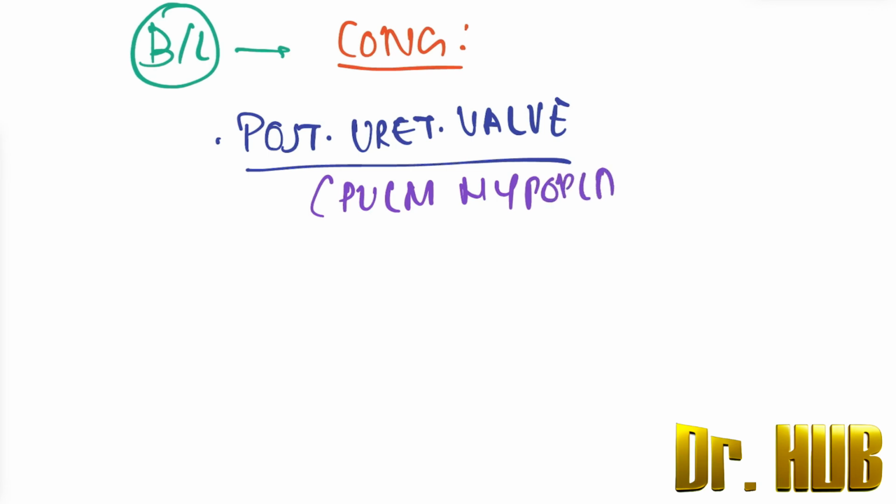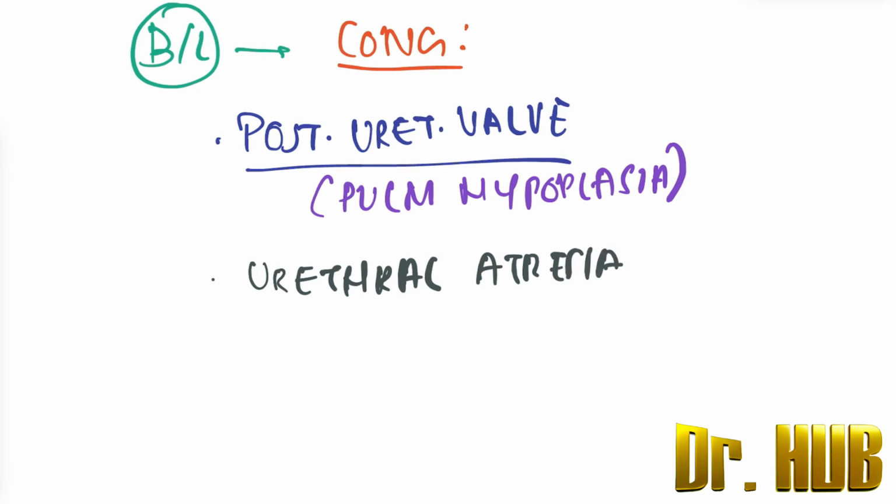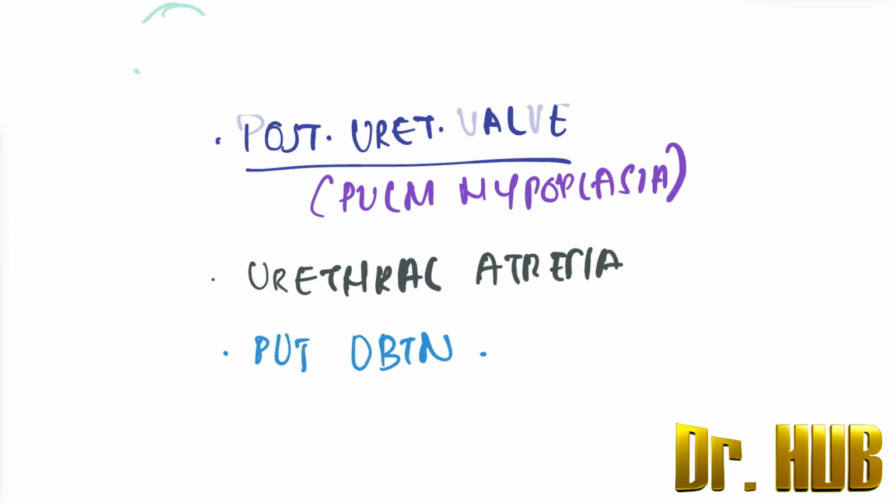And next there is also urethral atresia and PUJ obstruction. So this is congenital: the posterior urethral valve associated with pulmonary hypoplasia, urethral atresia as well as the PUJ obstruction.